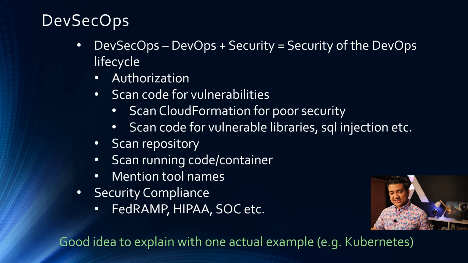So I'm going to give a link in the description. You can check it out for AWS, what services are compliant, like what AWS DevOps services have FedRAMP High, HIPAA, etc. So you can give a couple of these examples if you're interviewing in a company with a very high security requirement. Also, it's a good idea to explain with one actual example, like if you are interviewing for a Kubernetes architect or something, you don't have to go through regular scanning code, you can explain with one example.